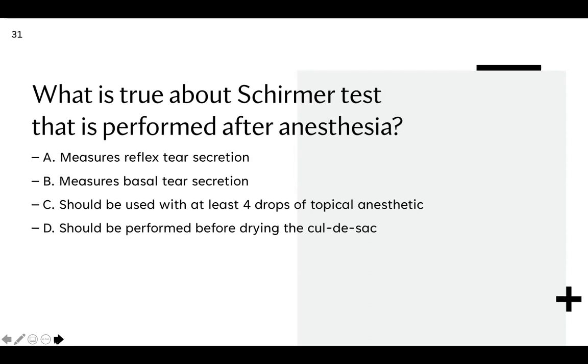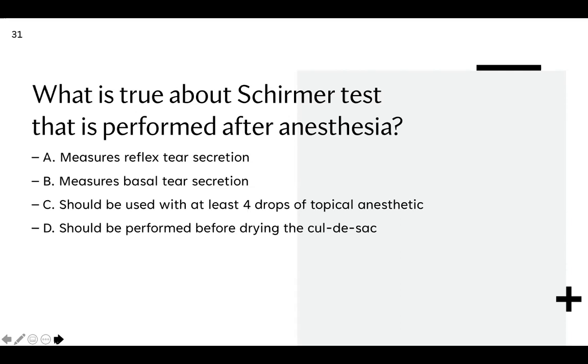So Schirmer's test is something which is done very commonly for dry eye syndrome. We are talking about doing Schirmer's test with anesthesia. Which of the statements is true? Schirmer's test with anesthesia is the Schirmer's 2 test, whereas the Schirmer's test without anesthesia is Schirmer's 1.